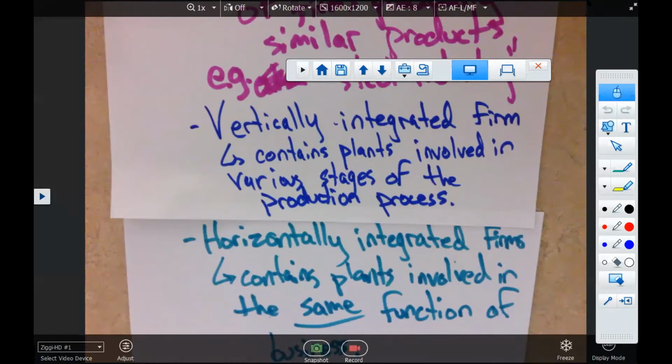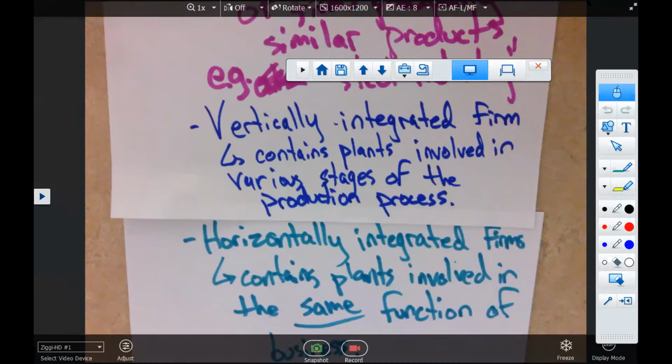So who here knows a horizontally integrated firm? Who's paying attention when they're buying their soap and their toothpaste? Yeah, very good. P&G, Procter and Gamble, right? They own Head and Shoulders, they own Dove, they own Old Spice.